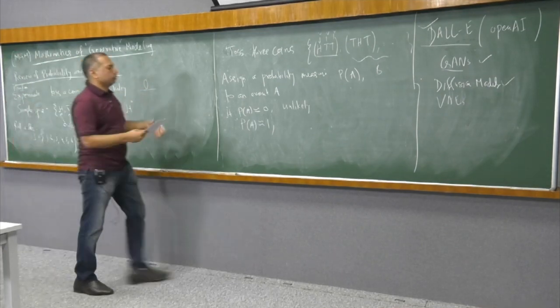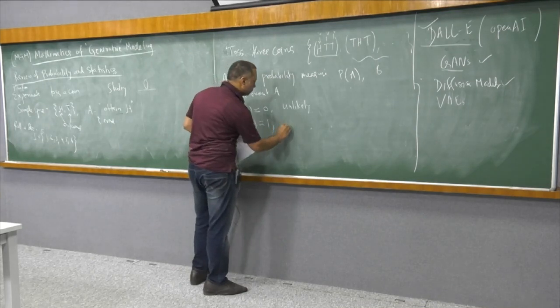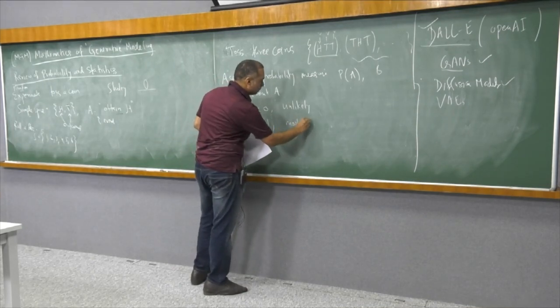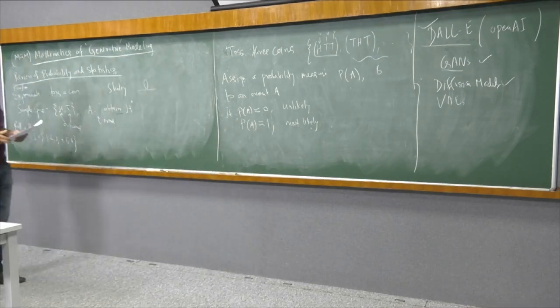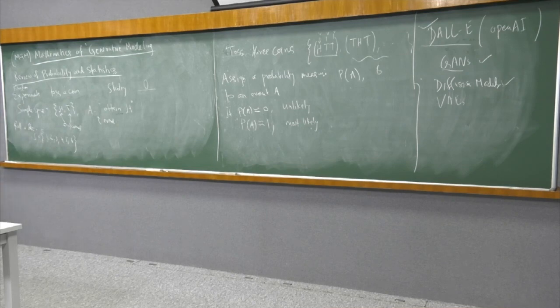So 1 means the most likely. Unless it's deterministic, it cannot take 0 and 1 values. If it's an impossible event, then it may take 0 also. If it's a deterministic case, then it can be exactly 1 also.